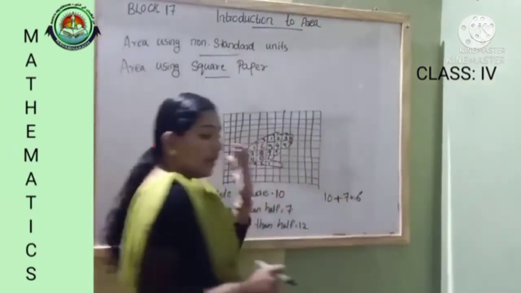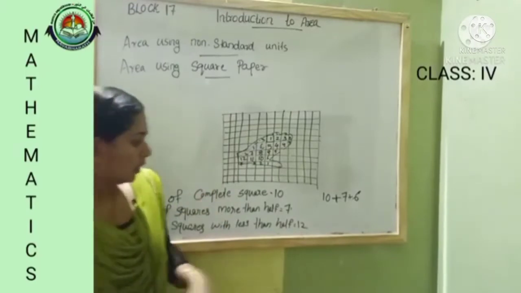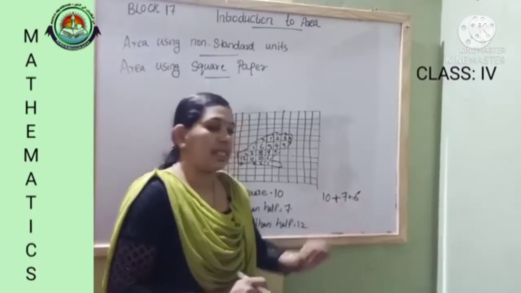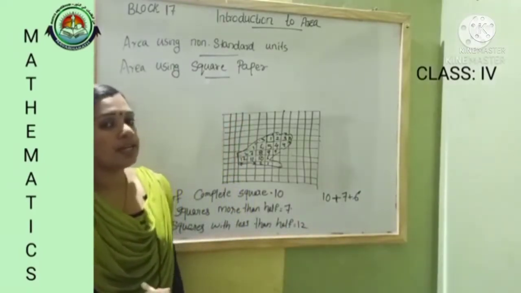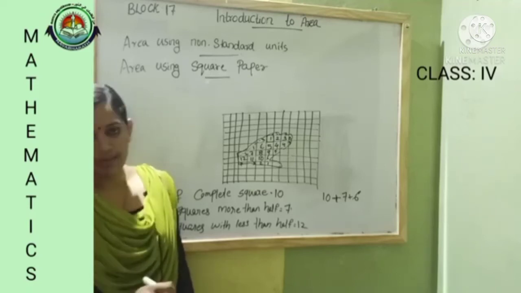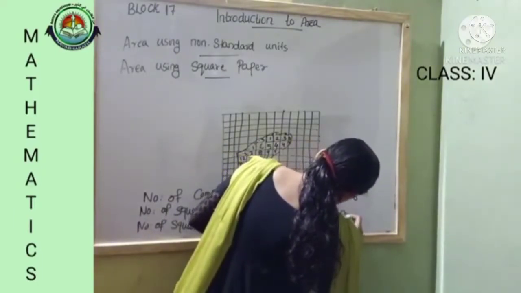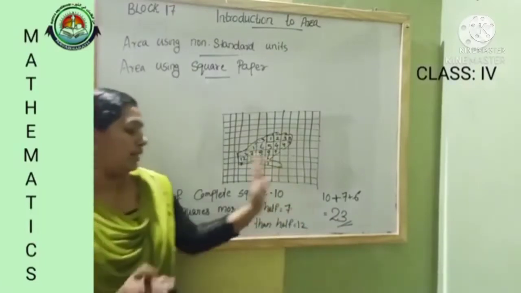So this is the area of my hand. So 10 plus 7, 17. 17 plus 6. What's the value of 17 plus 6? 23. So my hand's area is 23.